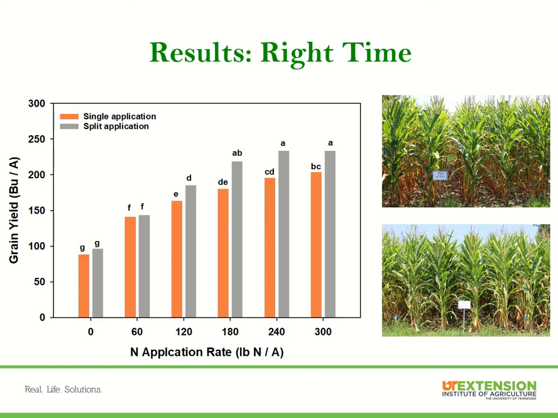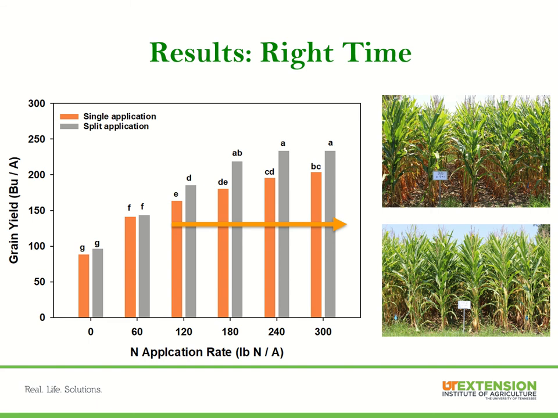Let's look at some data now. On the y-axis is your grain yield in bushel per acre, and on the x-axis is the nitrogen application rate in pounds per acre. Let me mention this, that the orange bars represent the single application and the gray bar represents the split application.